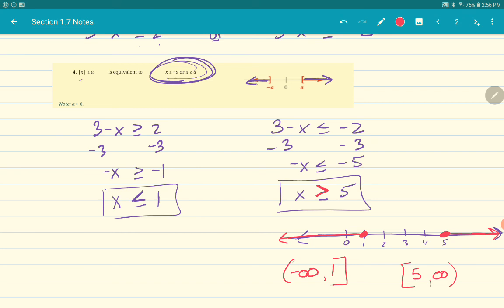And I link these with a union. That is a union sign, which says that x could be in this or this. Union is an or.